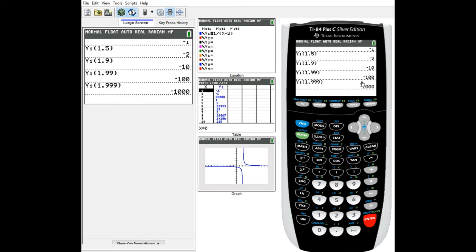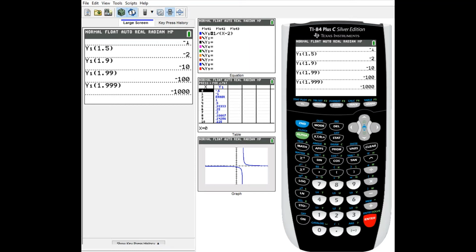Okay? There is no smallest output that I can get. And there's a reason for this. You can actually probably see the graph down here. You can see that as we approach x equals 2 from the left, this thing's just shooting down real quickly. Okay, and if we kept zooming out, what we'd see is there's actually a vertical asymptote there.